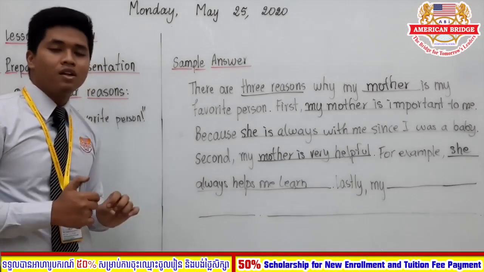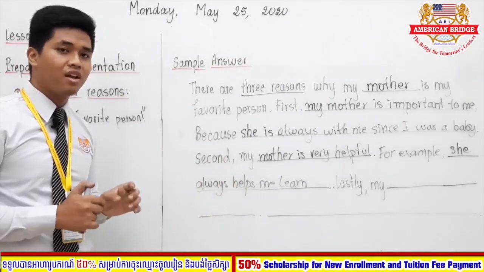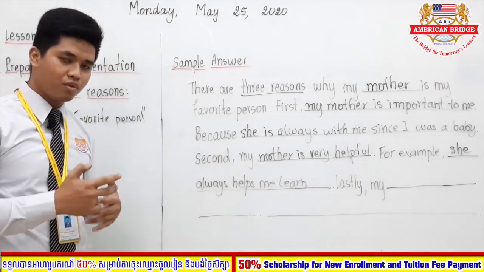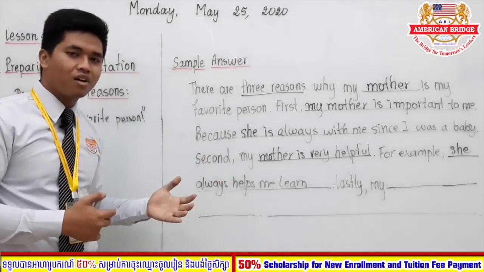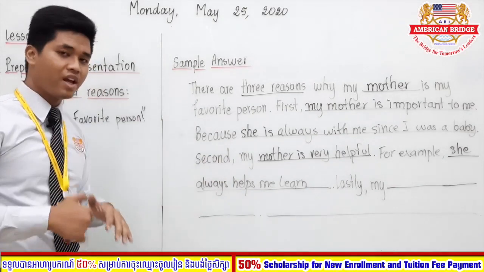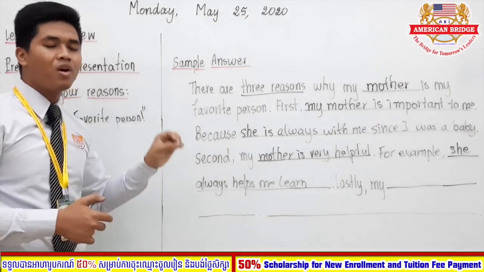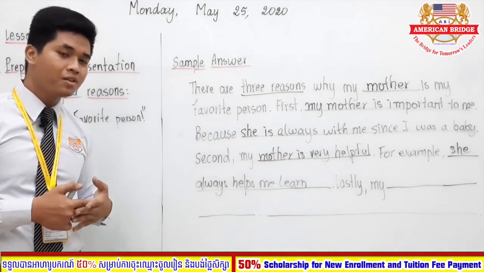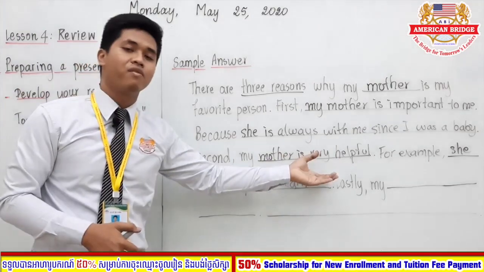But still, she put her things away and came to help me learn the lesson. She has helped me a lot since I was a child up until now. Even nowadays, if I ask for help, she is always there to help me, everyone. So this is the reason why I say my mom is very, very helpful.